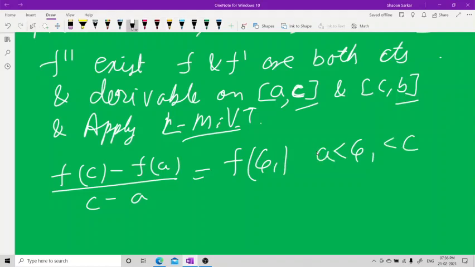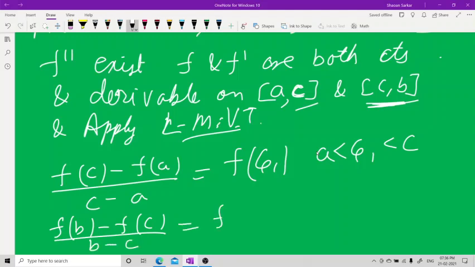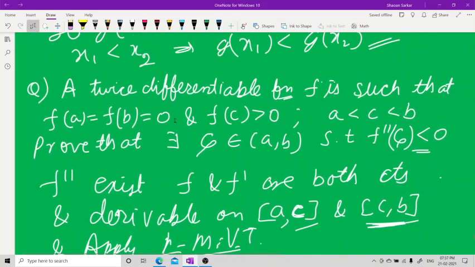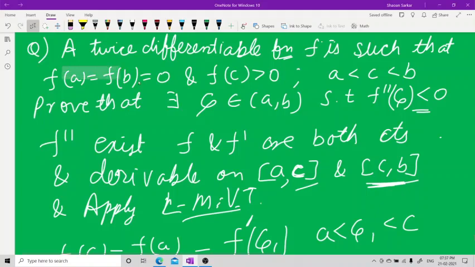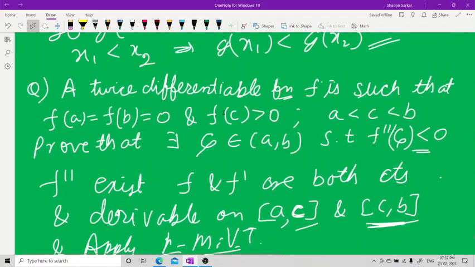Now apply the Lagrange mean value theorem for the second: f b minus f c upon b minus c equals f dash zeta 2, where zeta 2 is in between c and b. It's given that fa and fb are 0 and fc is greater than 0. This condition is also very important.